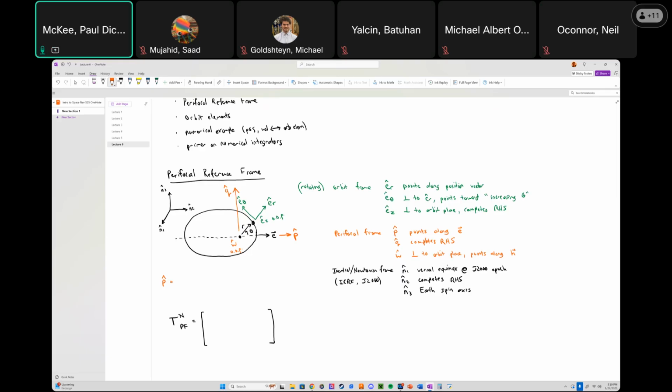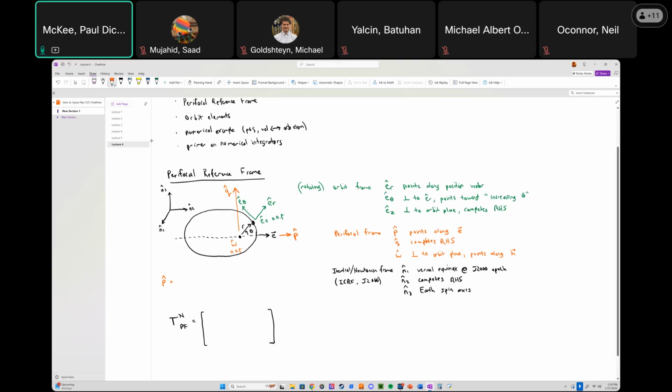Let's say this is the Earth. Let's say this is the Newtonian frame. You could have an orbit that's up here. You can have an orbit that's over here. You can have an orbit that's this way. So it's specific to that orbit, if that makes sense. So close but no cigar. I guess as drawn, E is N2.